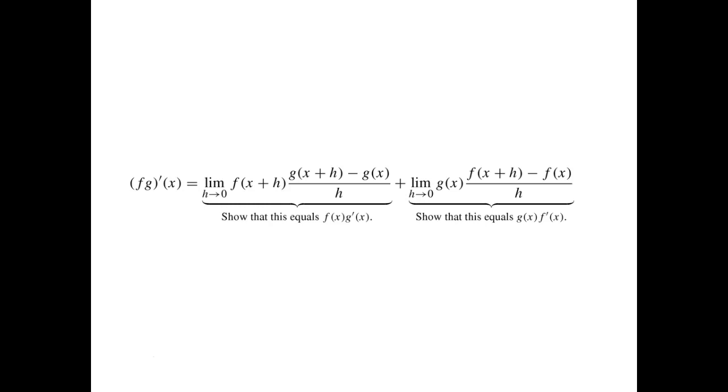Over h, that would be the derivative f prime. So when I was doing the arm waving, that's what it's showing. And this, sure enough, is f g prime plus g f prime. Okay. Yuck. I guess we're out of time.